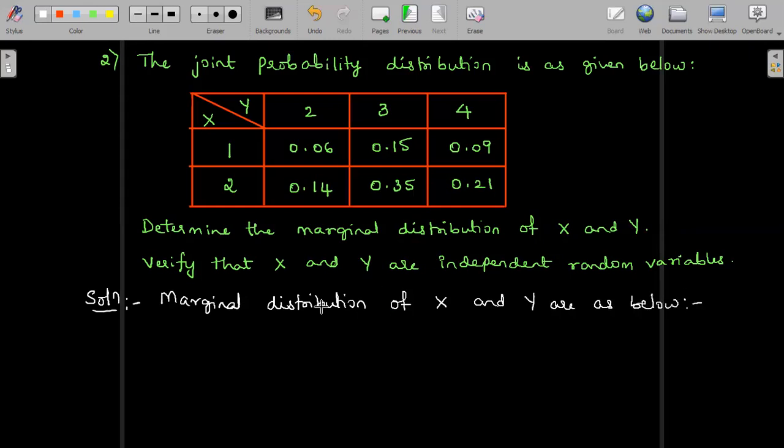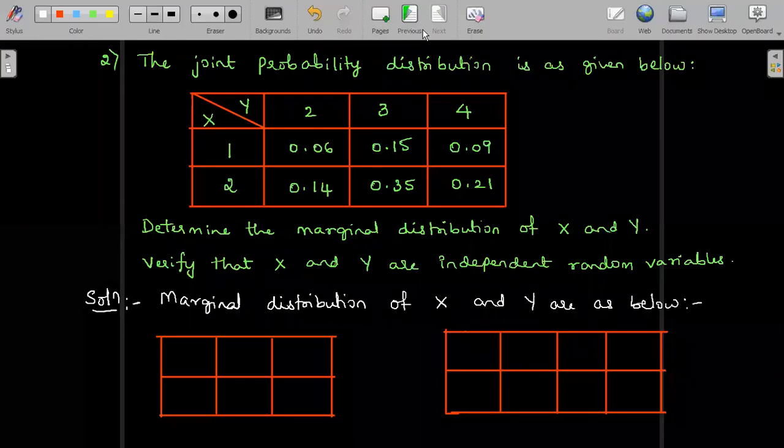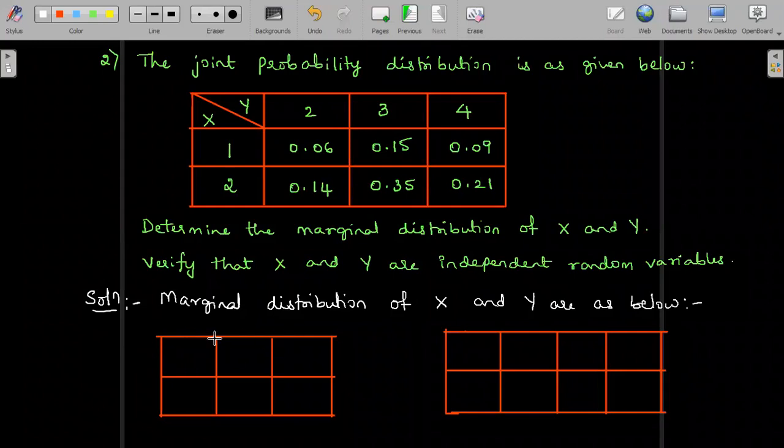So let us prepare the small tables for x and y first. These are the marginal tables that I prepared. We will fill in the values now. The xi values from the table are 1 and 2, and the respective f of xi, the probability with respect to x, we have to find out. We obtain the marginal table for x by summing up all the row entries.